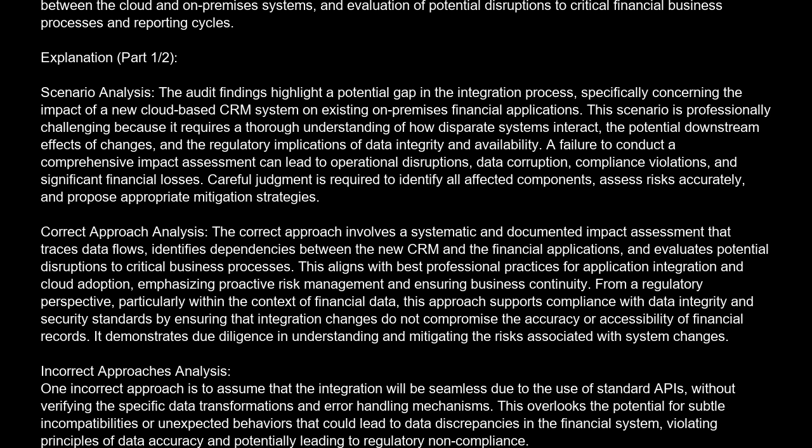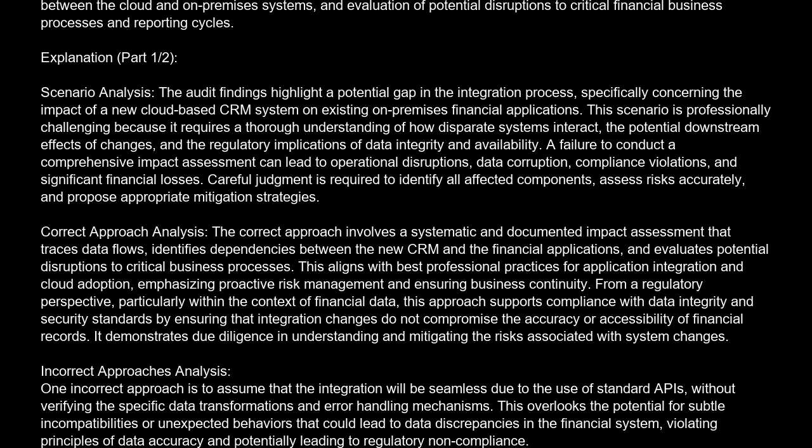Explanation. Scenario analysis. The audit findings highlight a potential gap in the integration process, specifically concerning the impact of a new cloud-based CRM system on existing on-premises financial applications. This scenario is professionally challenging because it requires a thorough understanding of how disparate systems interact, the potential downstream effects of changes, and the regulatory implications of data integrity and availability.